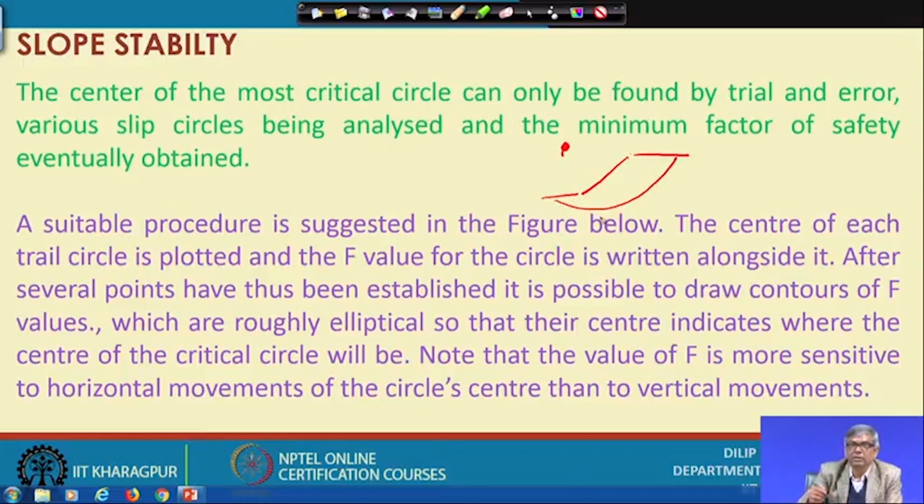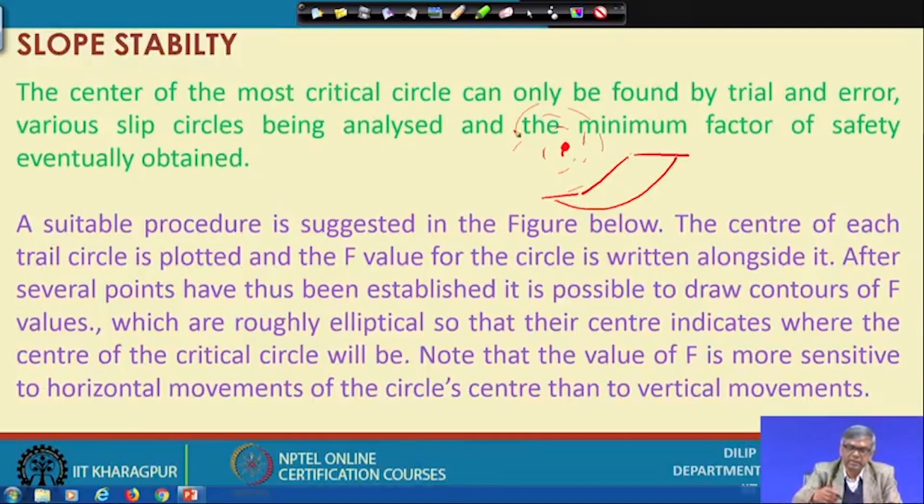After doing this analysis, I will find out the value of factor of safety and write it there. Like that, I change the center and the failure surface and get another factor of safety. Around this I will get a large number of points with different values of factor of safety, but we do not know which one is actually the most critical.